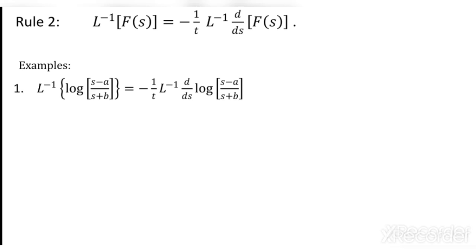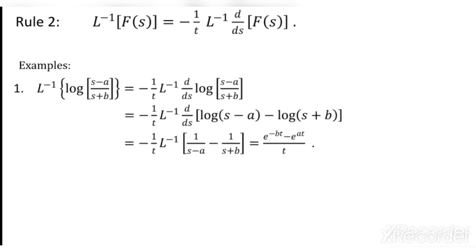But if I take derivative of this log of s minus a by s plus b, first I can write log of s minus a by s plus b as log of s minus a minus log of s plus b by using a logarithmic rule. Then differentiate, we get d by ds of log of s minus a is 1 over s minus a, and log of s plus b gives 1 over s plus b, for which we can get L inverse directly.